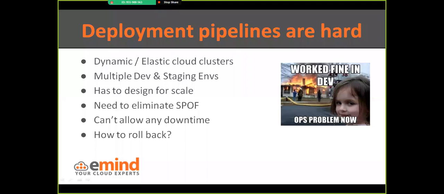More and more companies deploy continuously, and even those that don't deploy more often than they used to. These frequent deployments happen on dynamic clusters that auto-scale in multiple staging, testing, and production environments. The pipeline needs to be designed to withstand large peaks in traffic and still be highly available with no single point of failure.